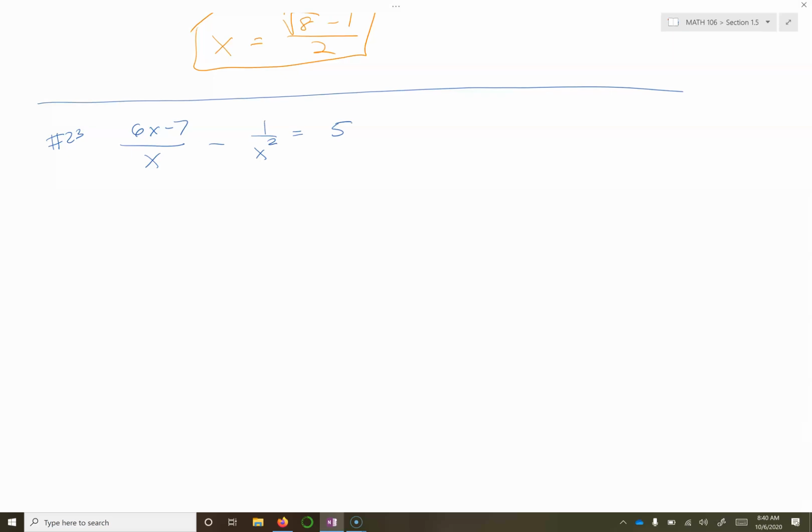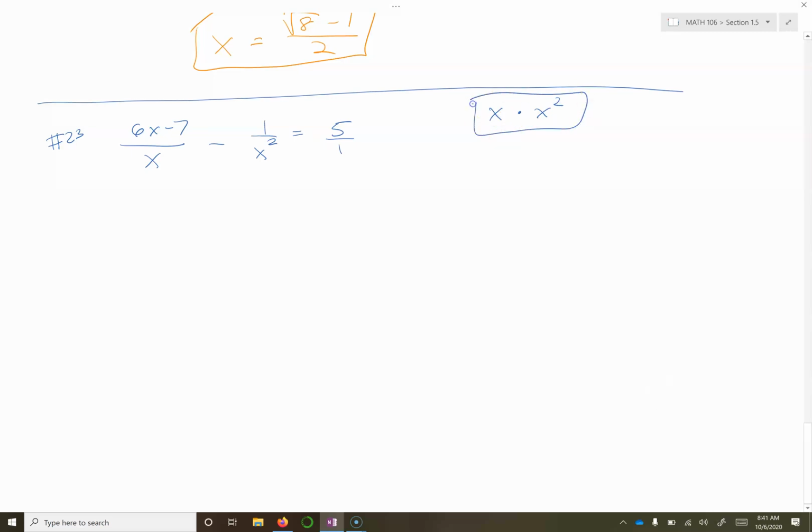So here's all you have to do in these problems. This is my suggestion, at least. All you're going to do is take all the denominators. This 5 over here is a denominator of 1, so we can ignore the 1. I'm going to make a term over here that's just the product of all the denominators. So I'm going to take the first x times x squared, the product of all the denominators that aren't 1.